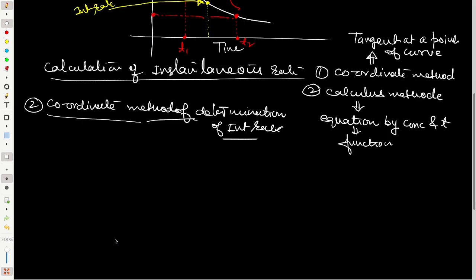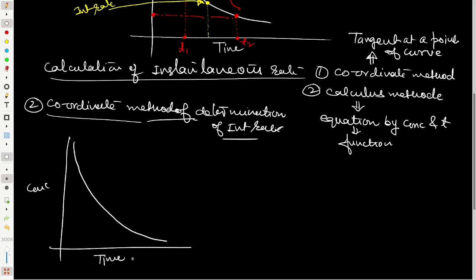Here we have a graph. Here is time, here is concentration. We have a graph like this. Now suppose here we have a point at which we have to determine the instantaneous rate.